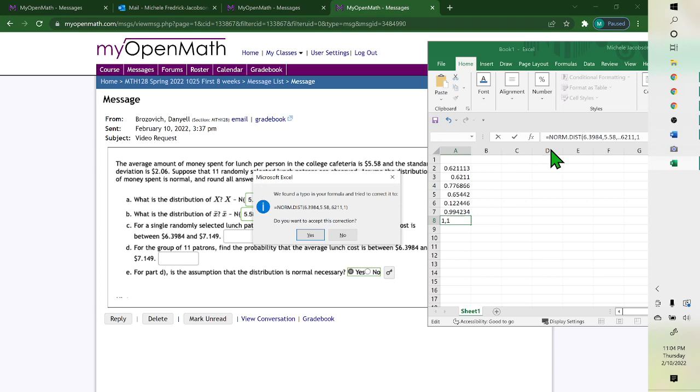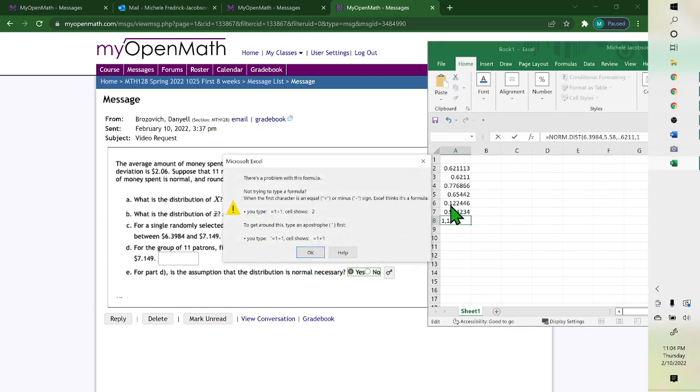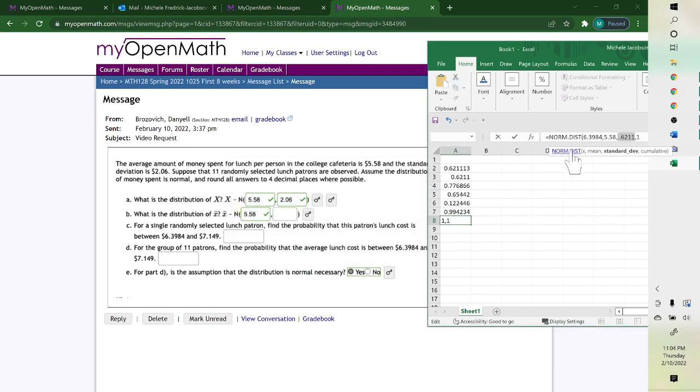Oh, I have 2 decimal places here. There we go.